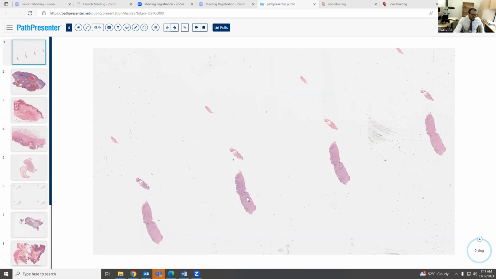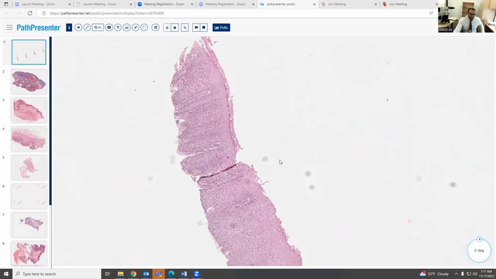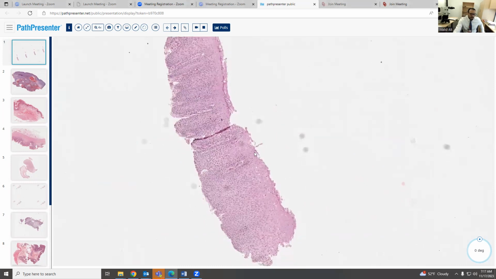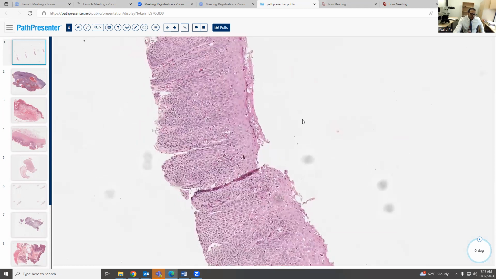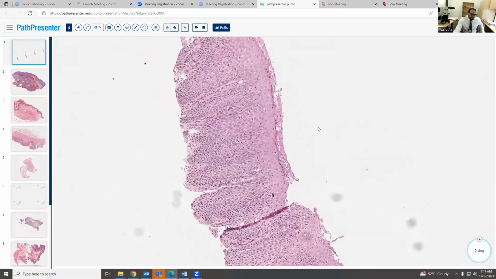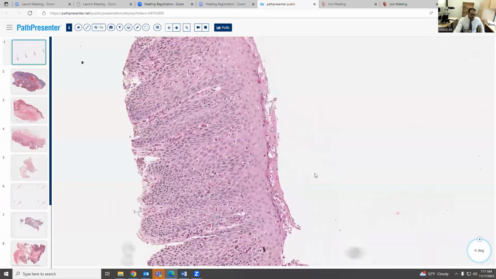This is a biopsy from the esophagus, and we see here this is squamous. The esophagus has glands, but there is also squamous mucosa or epithelium.